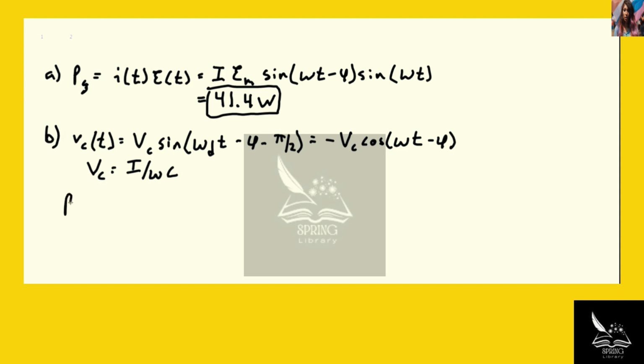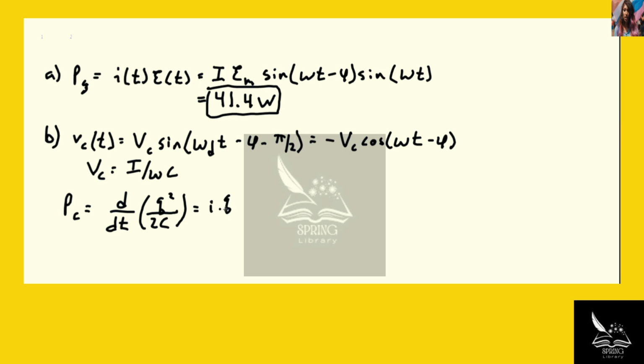So now the rate at which we're adding energy to the electric field in the capacitor is the rate at which the energy is changing. This is the energy in a capacitor. Now the derivative of the charge is the current.